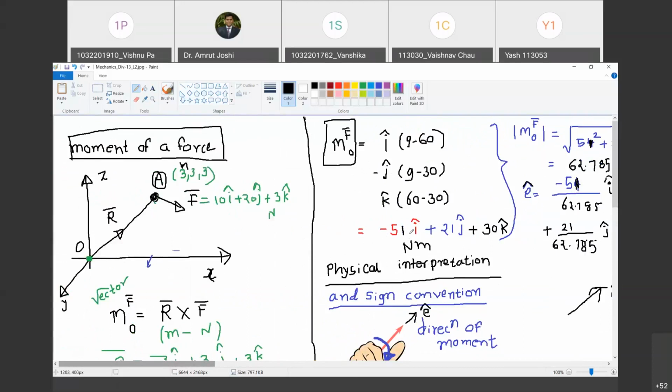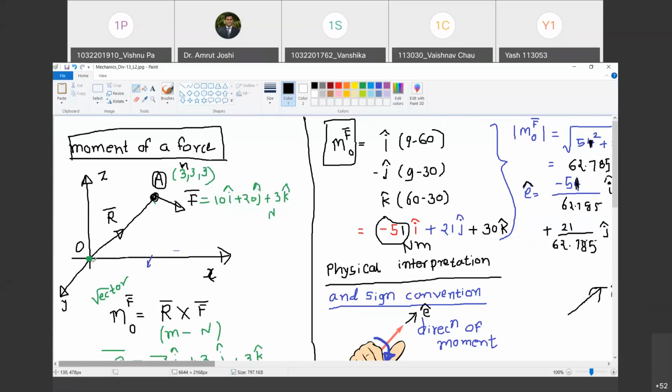Now, this moment also has components I cap, J cap, and K cap. What is the meaning of that? So, what is the meaning of this first term, minus 51 I cap? The meaning of this is, this force F bar causes a moment of minus 51 Newton meter about an axis which is parallel to I cap passing through O. Happy?